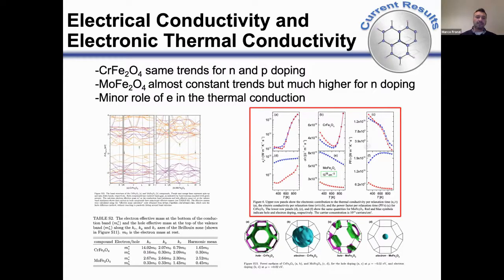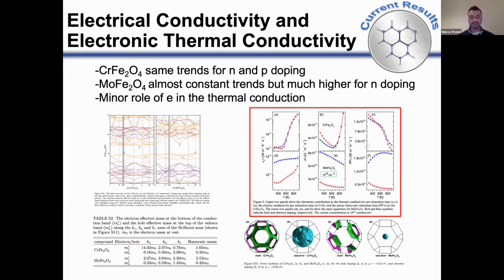Okay. From the band structure shown in the left panel, we can extract by second derivative the electron and hole mass, which is shown in this table here. Now, electron and hole mass here are very, very different, which implies in theory that we can have extremely different properties if it's N or P doped.